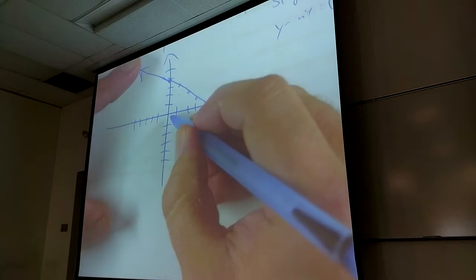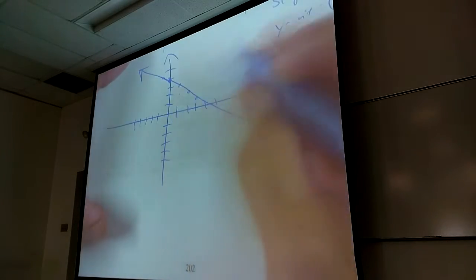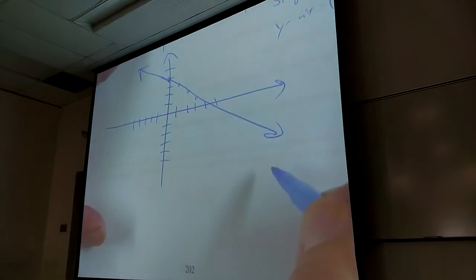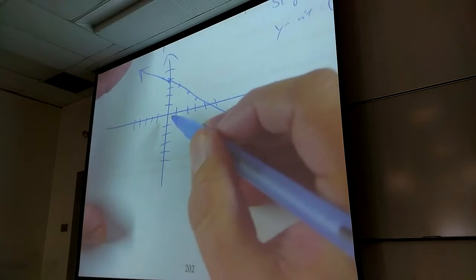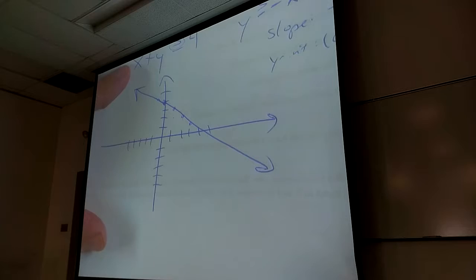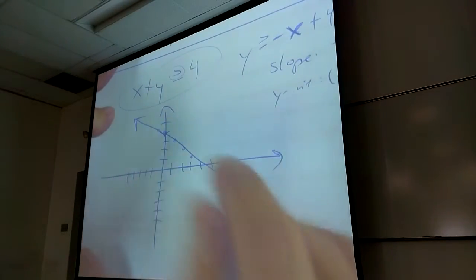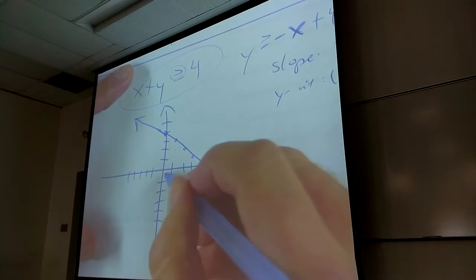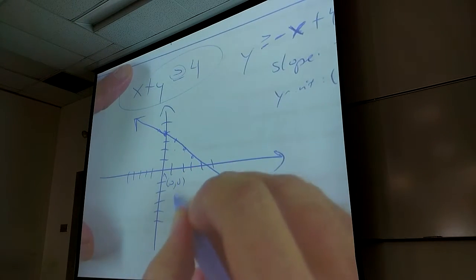If I plug 0, 0 in and it works, that means all the answers are on this side. If I plug 0, 0 in and it doesn't work, that means all the answers are on the other side. This is what's called my test point.